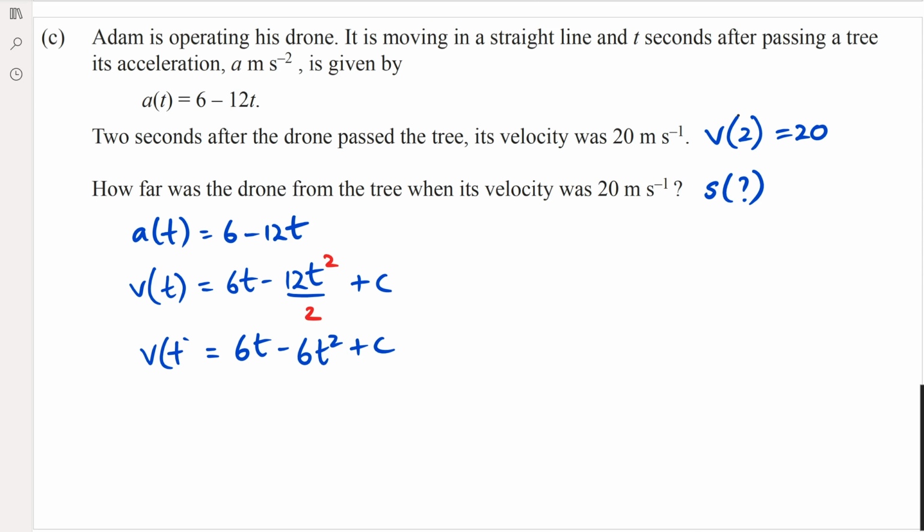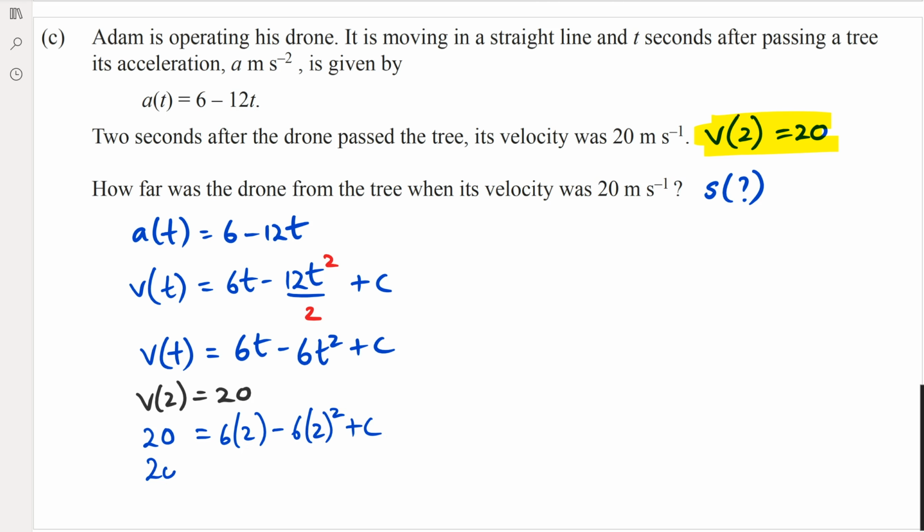Now this is the velocity function. So we can use this as a clue to figure out what that c is. So I'm going to have velocity of 2 is equal to 20, which means I can replace them, and I've got 20 equals 6 times 2 minus 6 times 2 squared plus c. So 20 equals 12 minus 6 times 4 is 24 plus c.